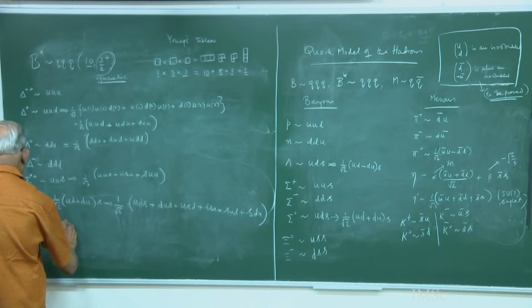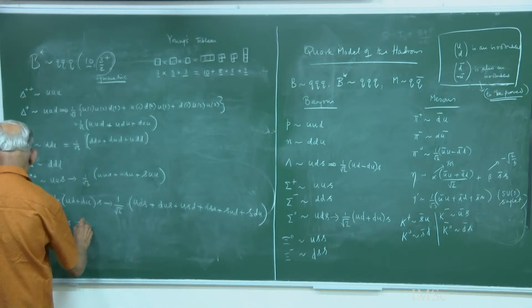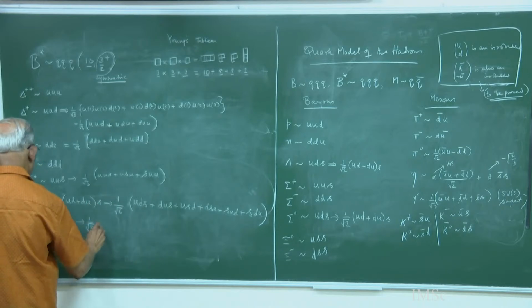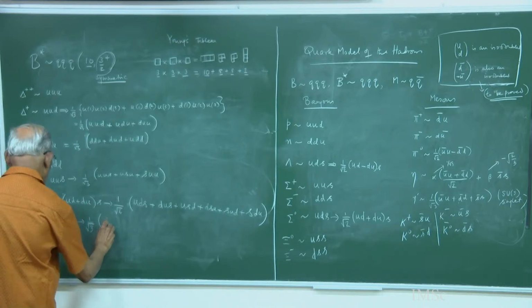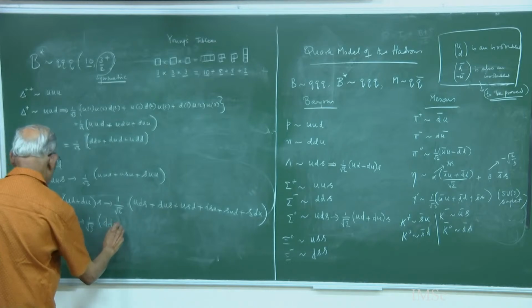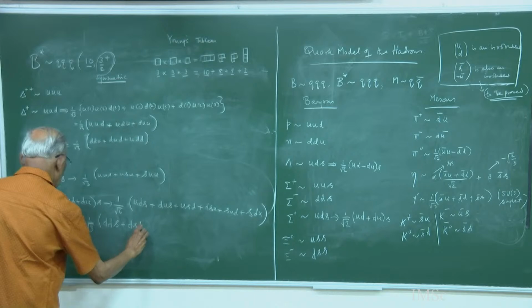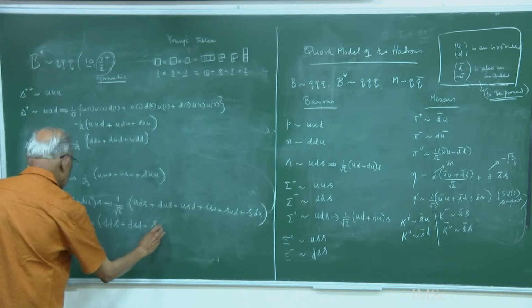Simply written it is DDS, but the symmetric characteristics dictate that it has to be 1 over root 3 (DDS plus DSD plus SDD), exactly like this.